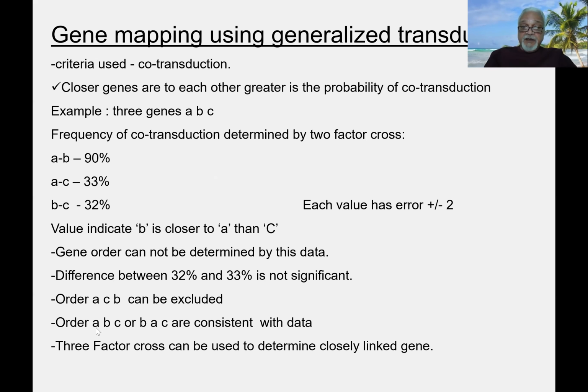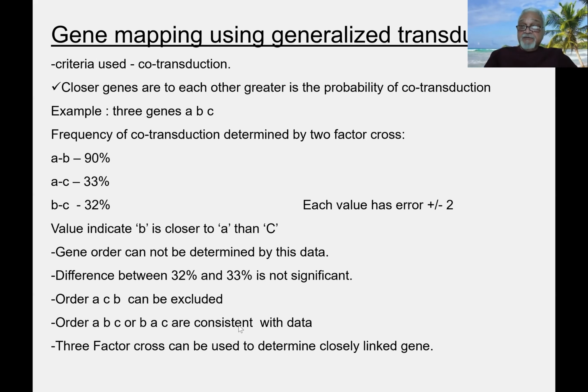Then the order can be A, B, C or B, A, C. These two orders are possible. So how to decide which one is the order, whether it is ABC or BAC? With this data, both these orders are consistent. We cannot decide which order is correct.